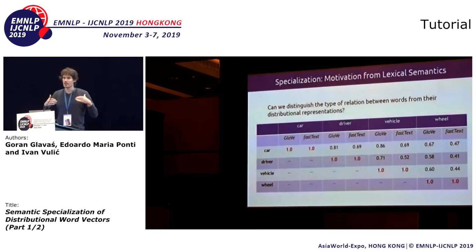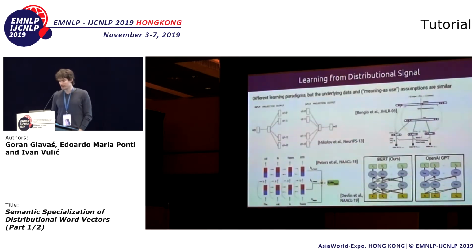So if we just feed those vectors as features into our downstream systems, you get all these different relations conflated, like synonymy, antonymy, meronymy, cohyponymy, and as we said, we don't want car and driver to be close to each other in a vector space if we are doing text simplification, for example.